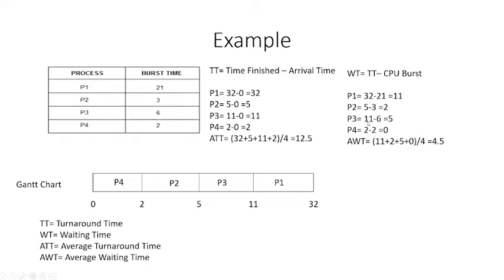For P3, 11 minus 6 equals 5. For P4, 2 minus 2 equals 0. To get the average waiting time, it's the same as the average turnaround time: add all the waiting times, then divide by 4. 11 plus 2 plus 5 plus 0 divided by 4 equals 4.5.